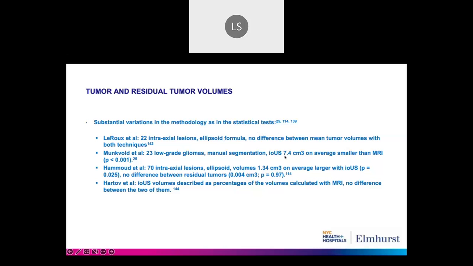Some say there were volumes 7 centimeters smaller on average with the ultrasound than with the MRI, and some say tumors were 1.3 larger on average with the ultrasound than with the MRI. This study just compared the percentage of one volume with the other.